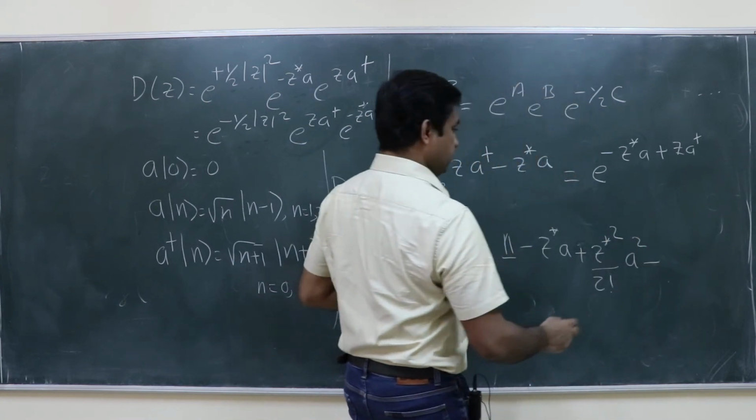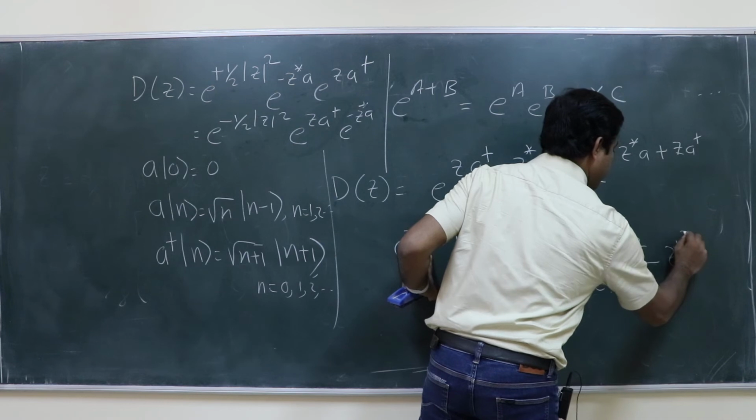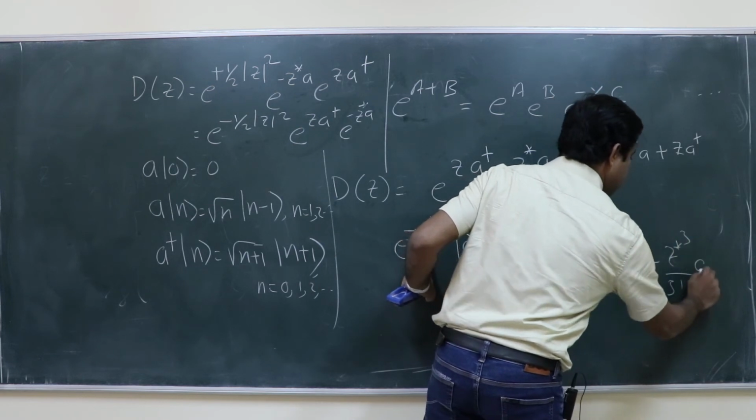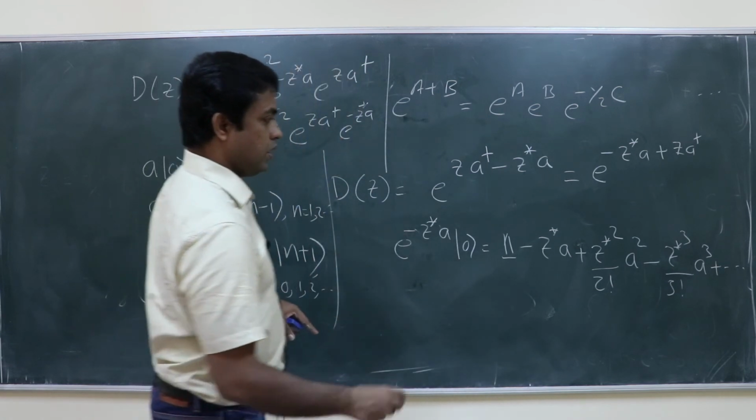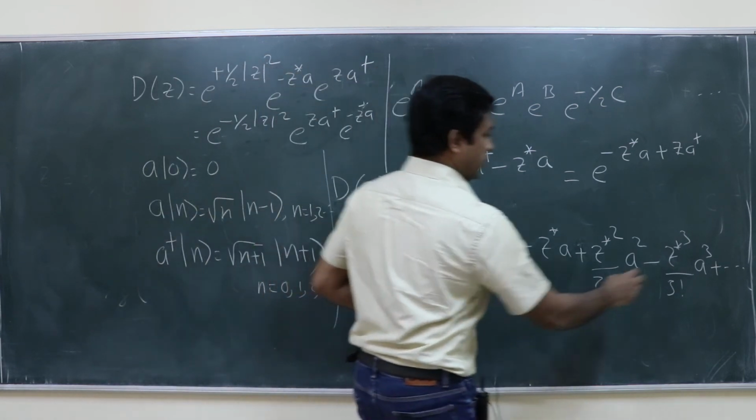Next is minus z star cube by 3 factorial a cube, plus etcetera. Now acting on ket 0.